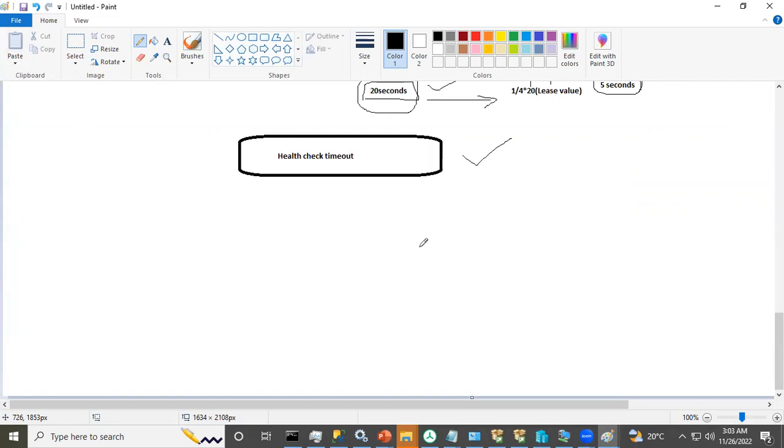IsAlive check just connects to the SQL Server and executes SELECT @@SERVERNAME, right? Now, what happens with the health check timeout?